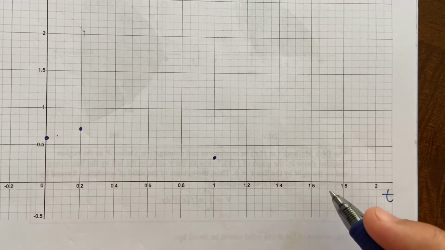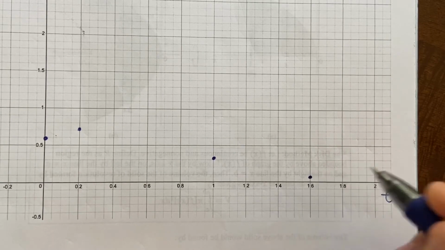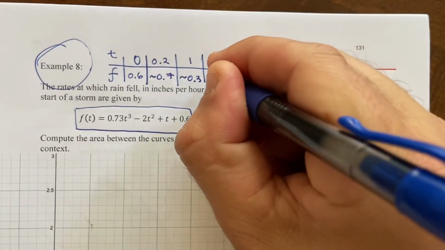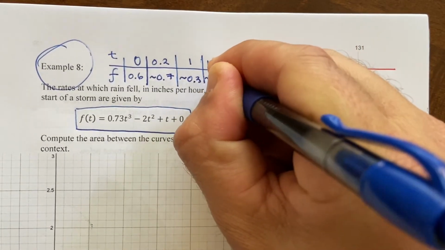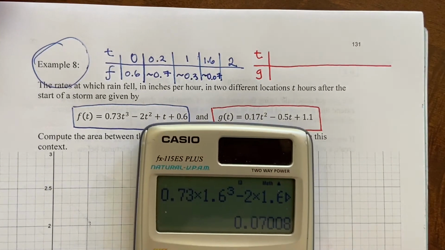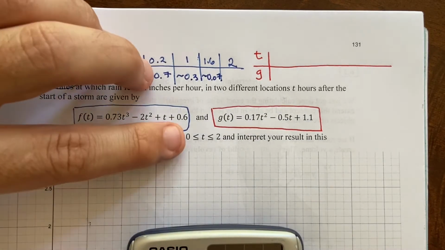So down here at 1.6, it's a little bit below 0.1. And then let's try 2. This is about 0.07. And now change those 1.6s to 2s, since we're looking for the first 2 hours, right, this part.